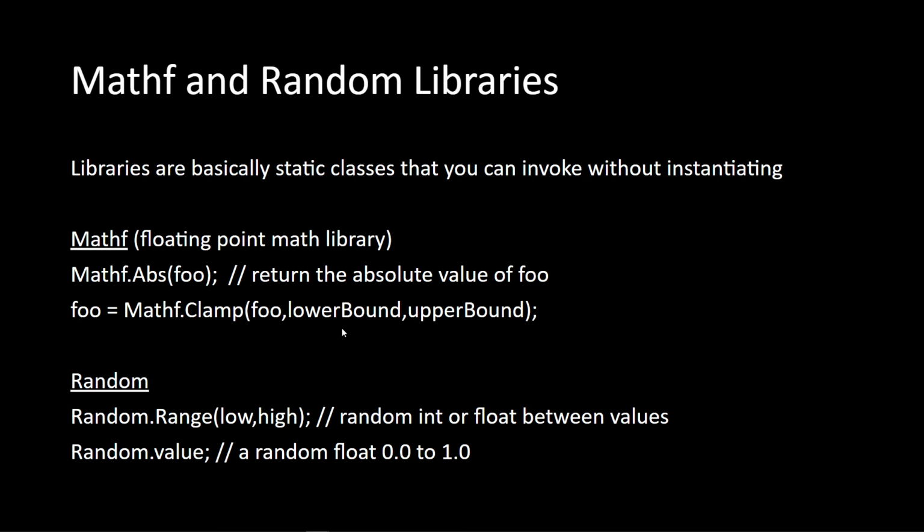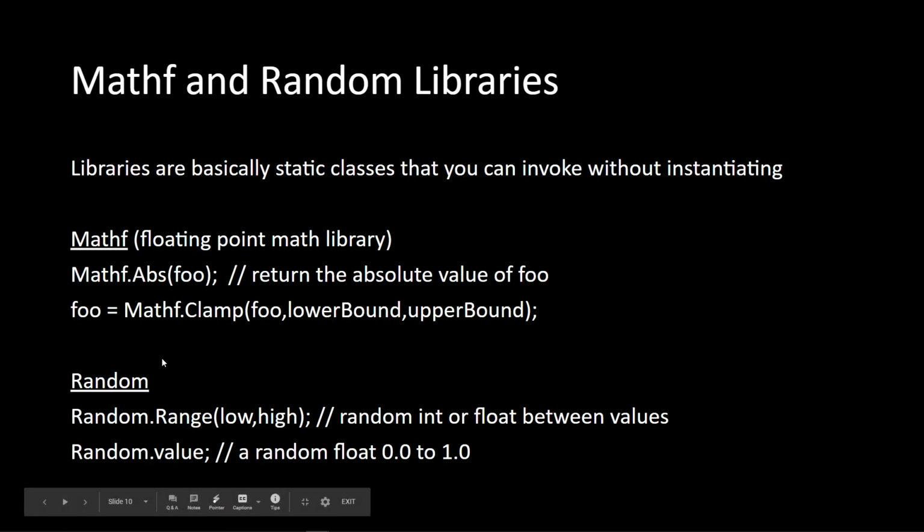So here, for example, we had our clamp that we used all over the place, where we said Mathf.Clamp. There's also things like Mathf.Abs for absolute value, and so on and so on. So those are libraries that we can use that way. And similarly, we also encountered the Random library. And you can create your own libraries, right? So you can do this as an exercise.